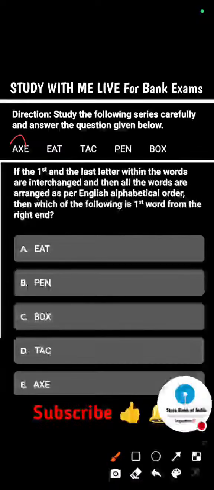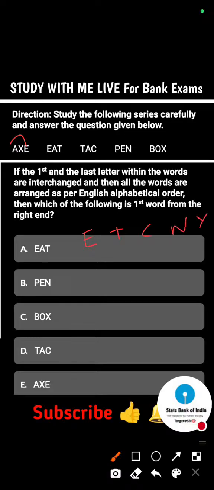So what we have is E, T, C, N, X. According to interchanging, we need to place in the order C, E, N, T and X. Which of the following is the first word from the right hand? First word from the right hand is X. So the X is this one, box. Box is the answer.